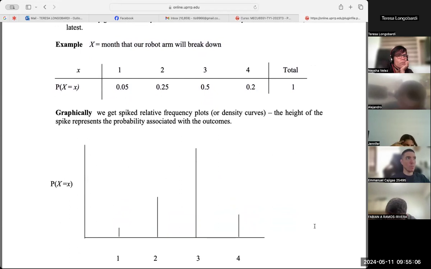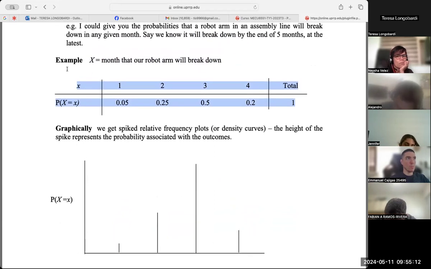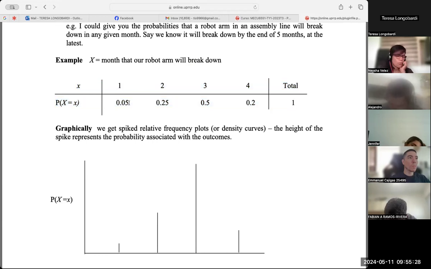It's not binomial. It was derived from several observations of the life expectancy of a robot arm over time in a manufacturing process. It was determined that there's only a 5% chance that it breaks down in the first month, and that the chance that it breaks down in the second month is 0.25.